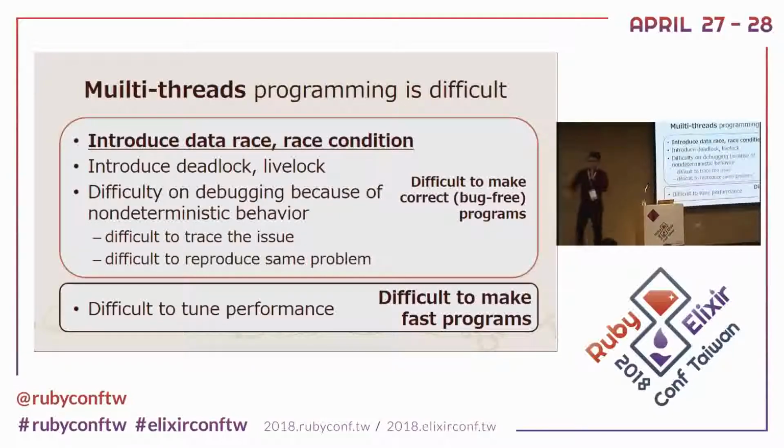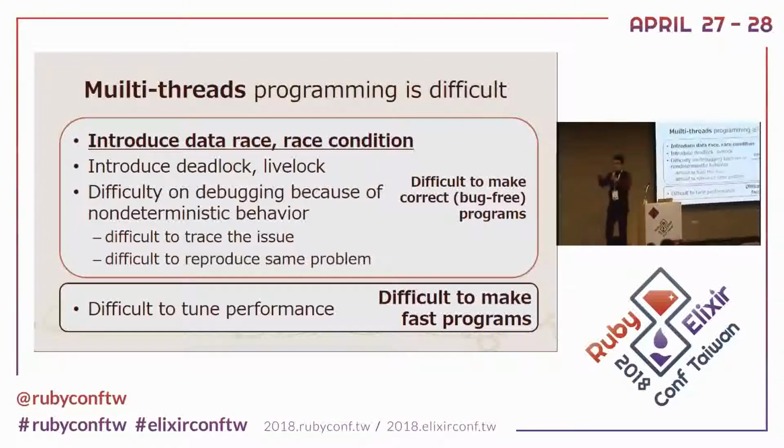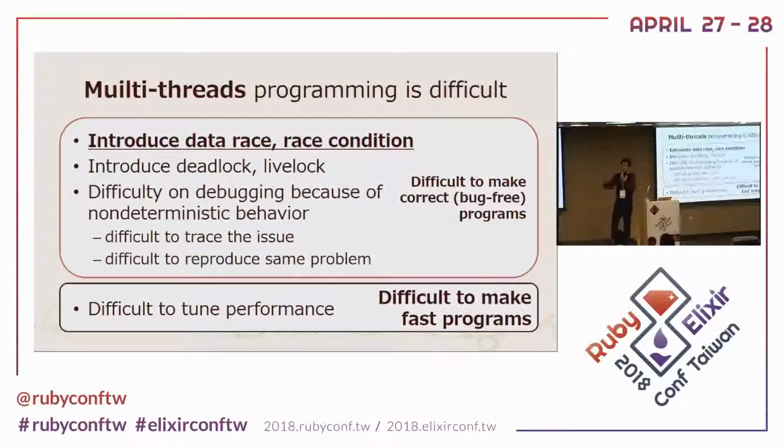Also, it is difficult to make faster thread programs. We need to introduce mutexes or other synchronization features, but if we introduce many synchronization locks, it will slow down the program. So it is very difficult to tune the programs.